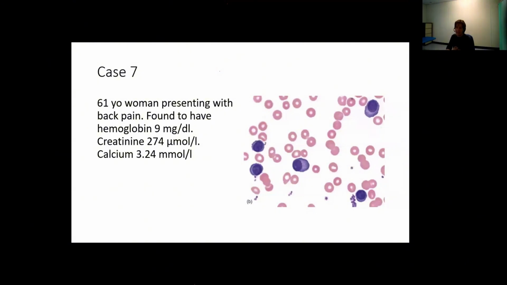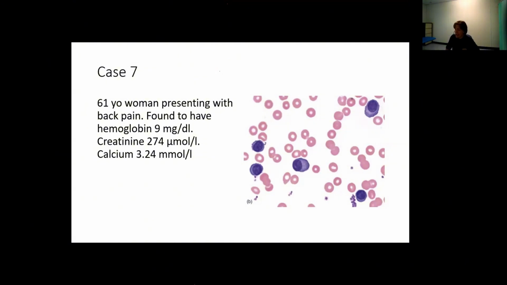And then the next case is of a 61-year-old lady who presented with back pain. When you do her blood count, she's got a hemoglobin of 9, so she's significantly anemic. She's got renal failure with a creatinine of 274, and her calcium is also up.